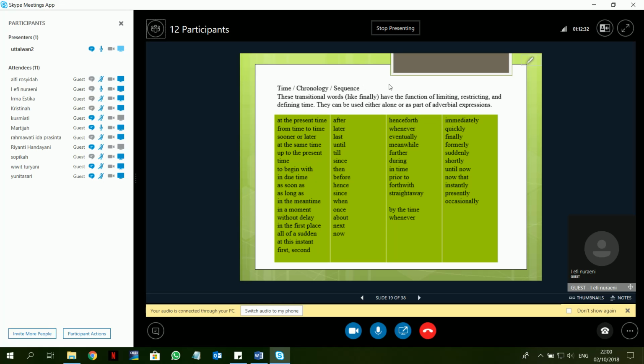Nah, selain itu ada juga time, chronology or sequence. Ini kalau di buku nggak ada perbedaannya, hanya cuma langsung latihan-latihan soal. Kalau di sini saya menunjukkan ini per part. Nah, sequence itu artinya step by step. For example, at the present time, from time to time, sooner or later, at the same time, up to the present time, to begin with, in due time, as soon as, as long as, in the meantime, or ini ada after, later, last, until, since, then, before, hence.